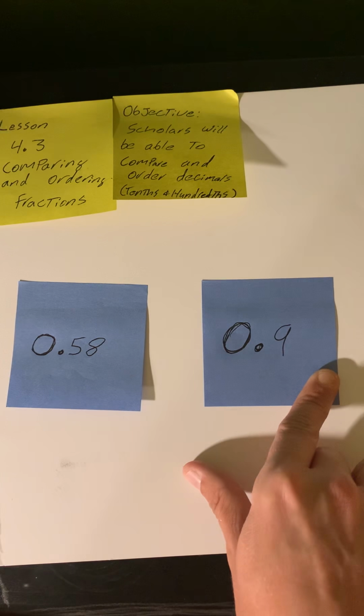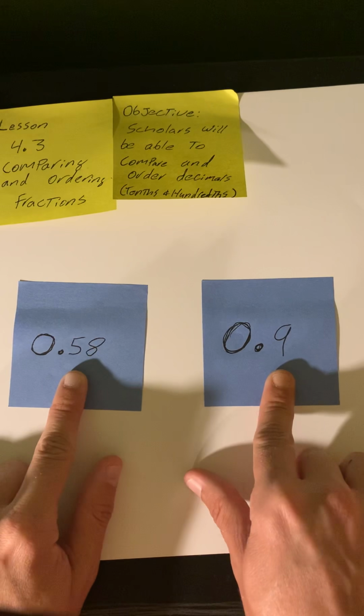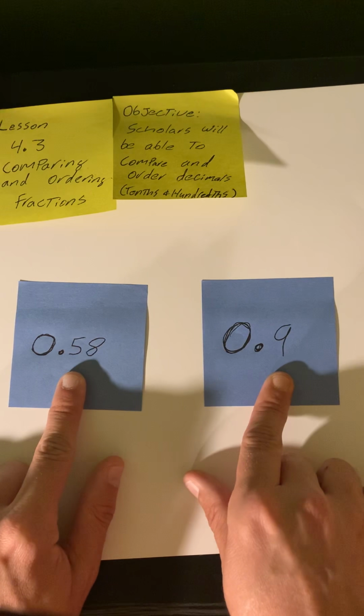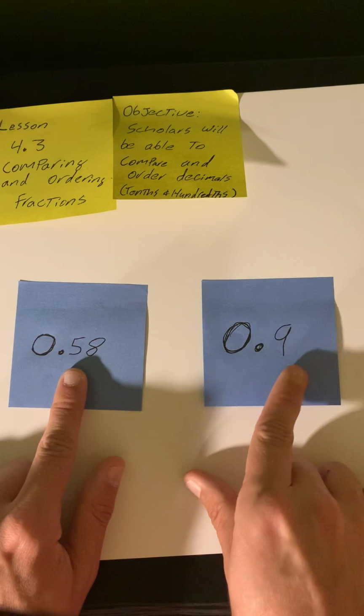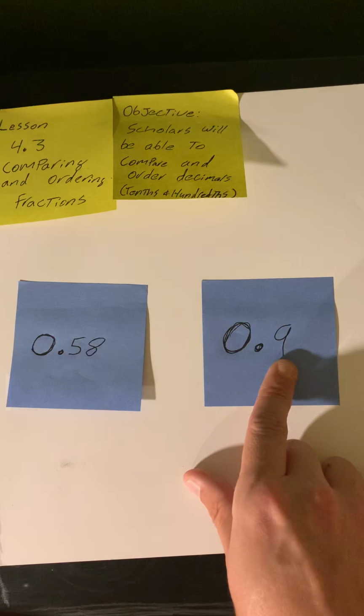So just like I did in my last one, I look to my tenths place, that one right next to the decimal point, and I compare these two numbers. Which one is greater, 5 tenths or 9 tenths? 9 tenths is greater.